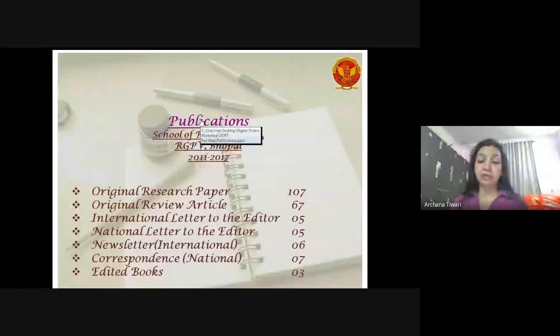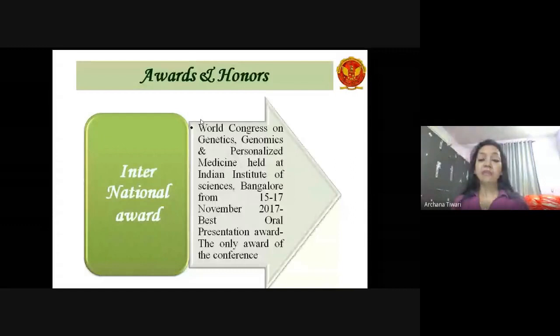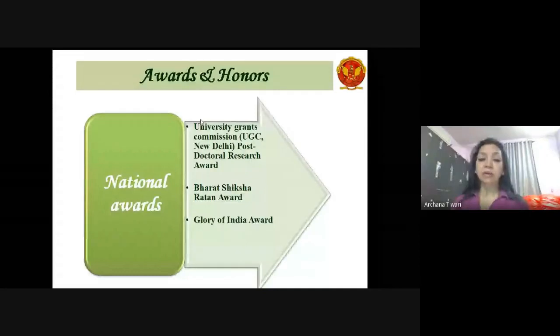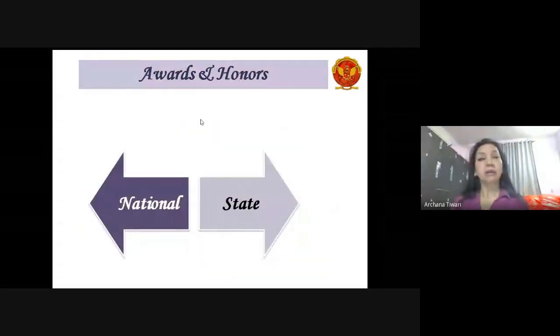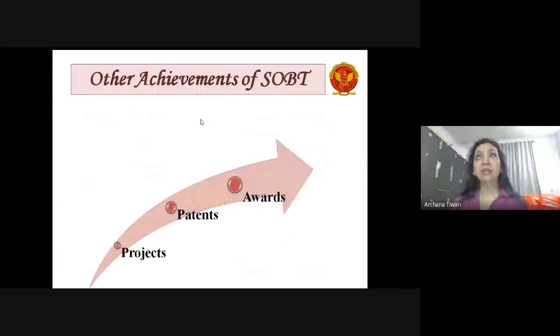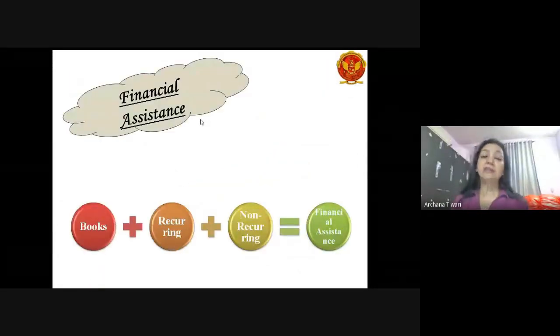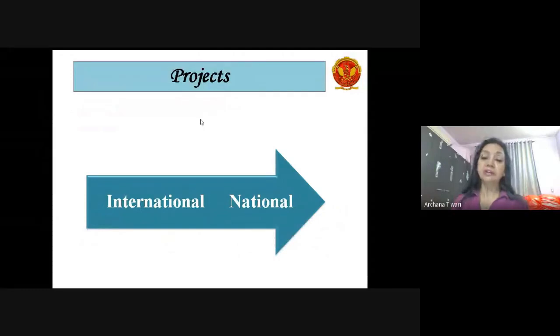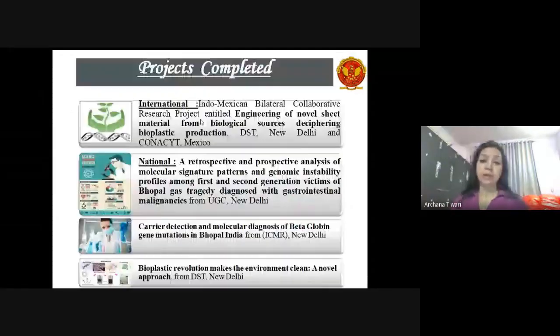Awards and honors: international awards to the faculty, national awards to the faculty, and students have also received national and state level awards. Other achievements of the School of Biotechnology, that is extramural projects, international and national both.